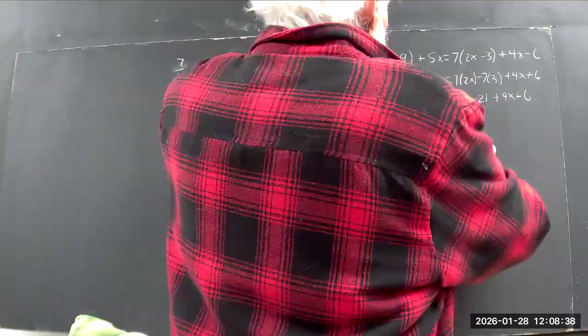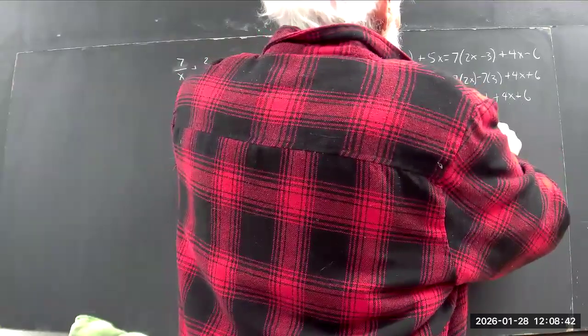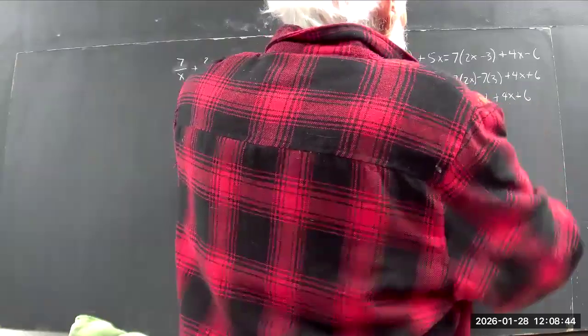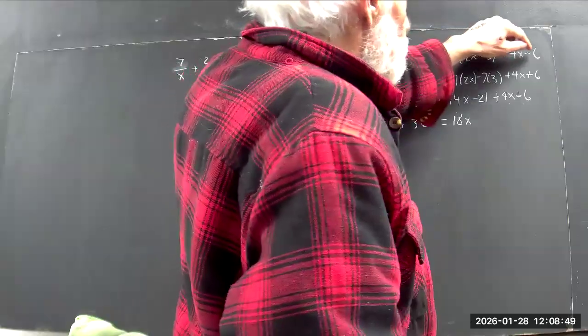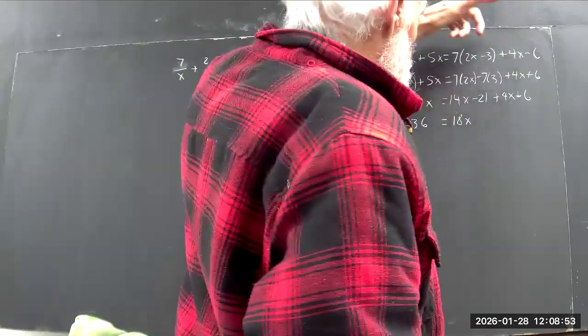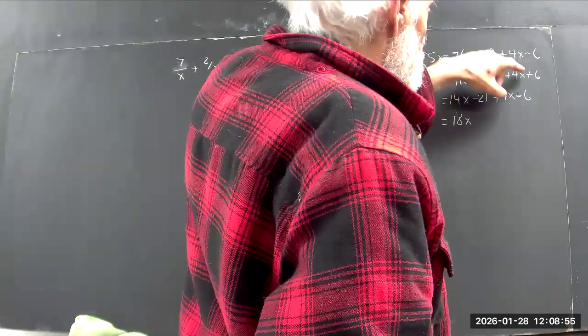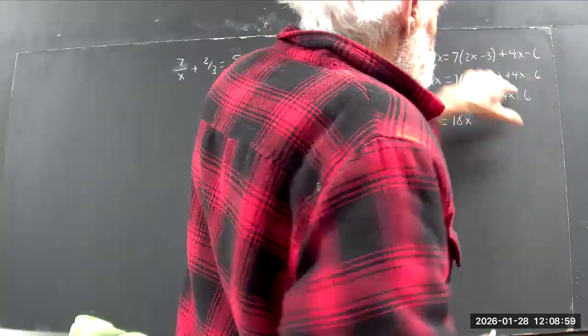The 14x and the 4x is 18x. Negative 21 and 6. Oh, that's negative 6. Okay, I made a mistake. I had a minus 6 at the end of the right-hand side of the equation, and I carelessly wrote that as a plus 6.